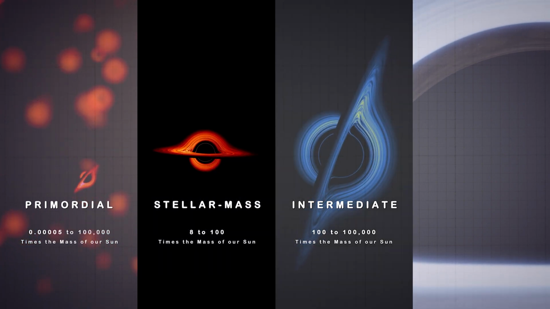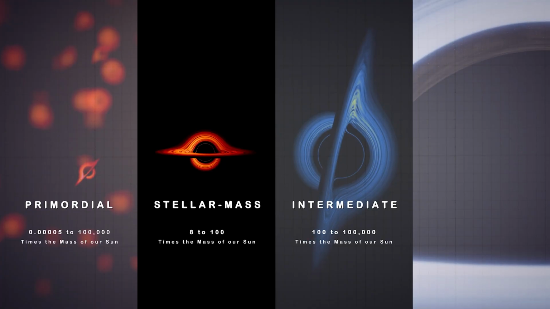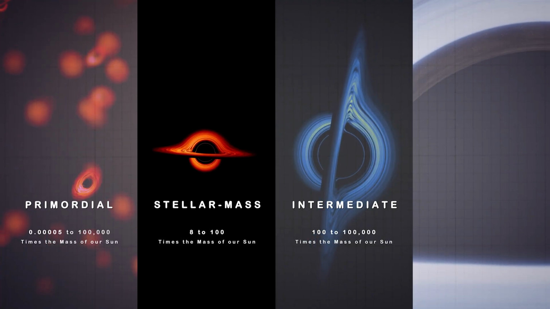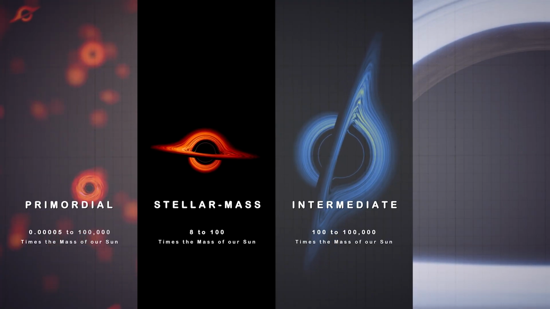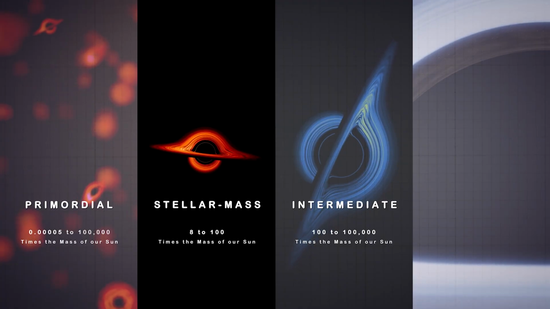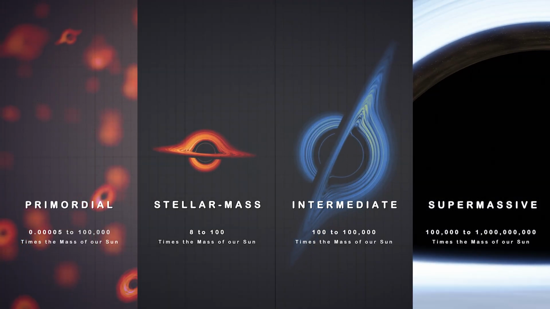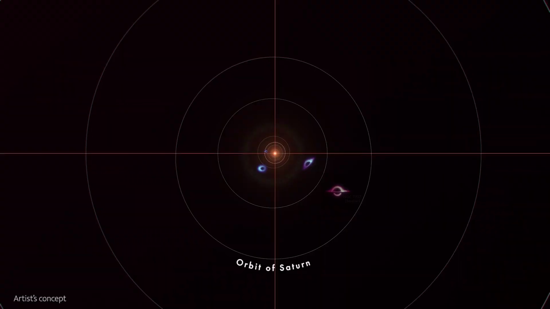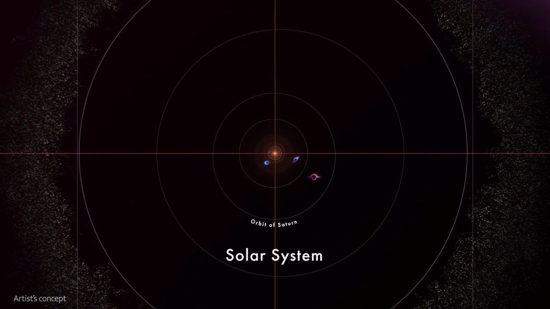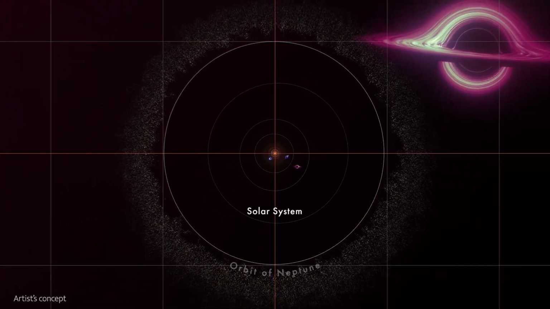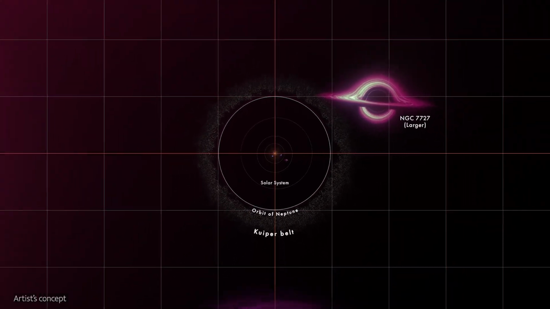We've observed plenty of stellar mass black holes that are at least 8 times the mass of our sun and the leftovers of supernovae. The most dramatic by far are the supermassive black holes, which are hundreds of thousands to billions of times more massive than our sun. In fact, they can reach sizes so big, they can span our entire solar system.